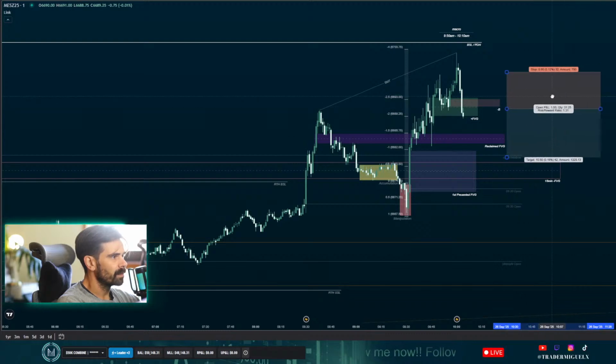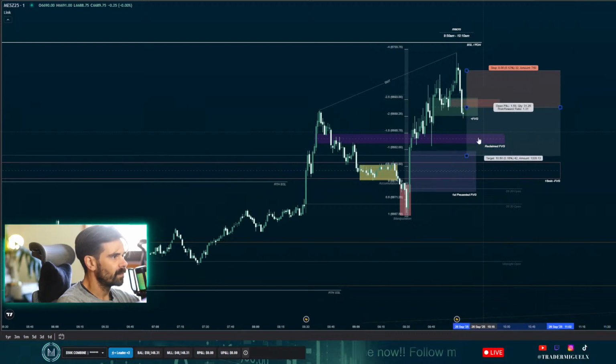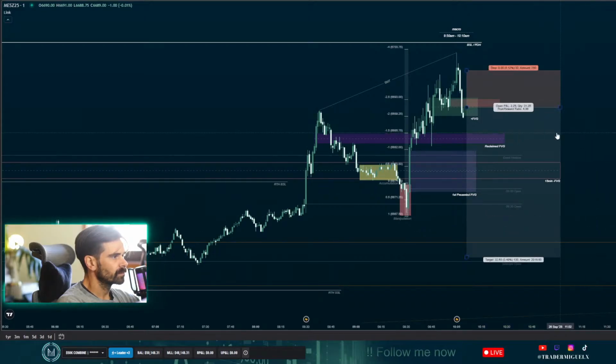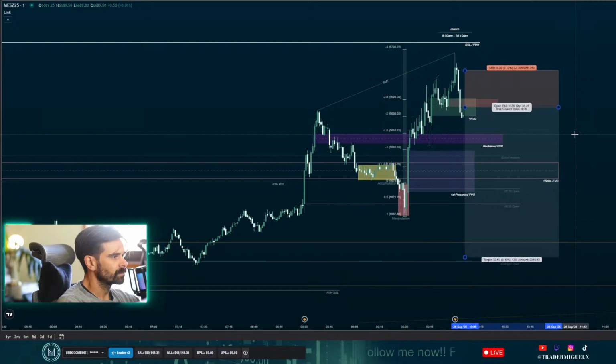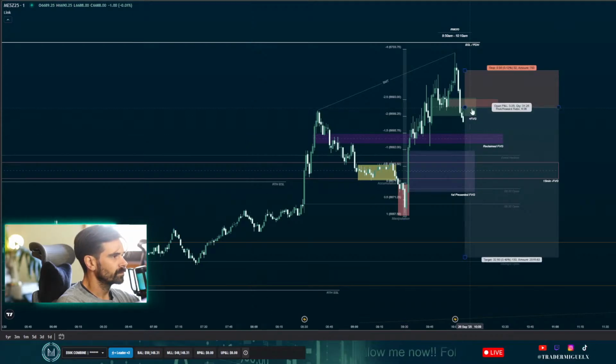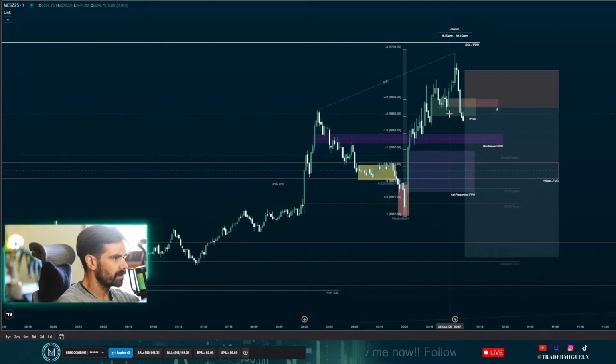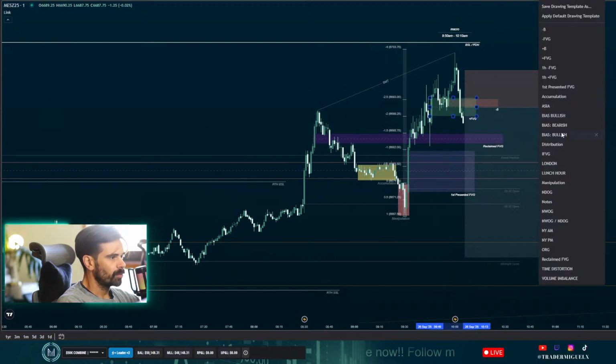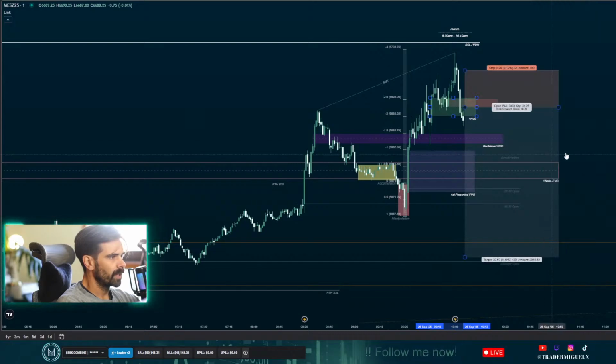It's kind of a big stop loss here. So this one is getting inverted as well. Where do I have it? It's here.